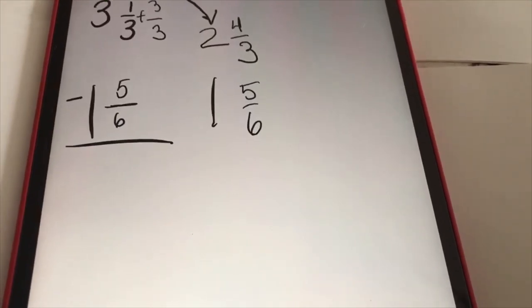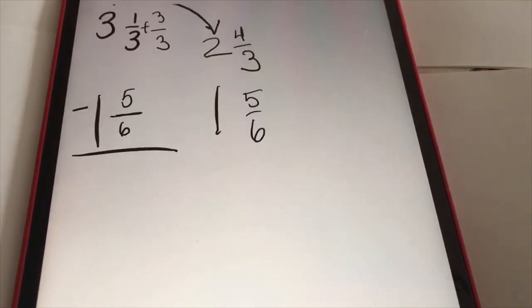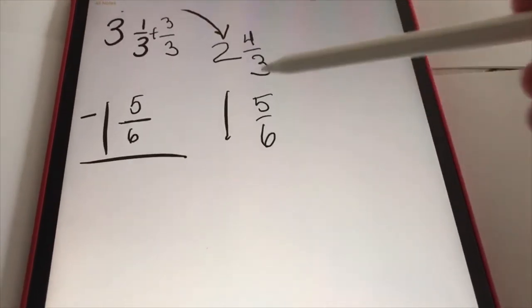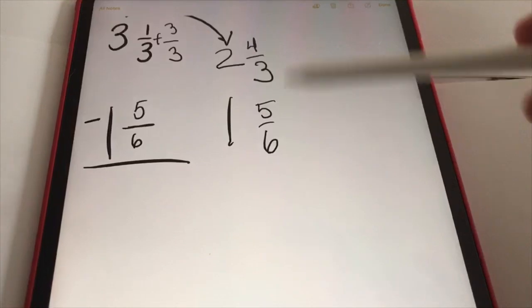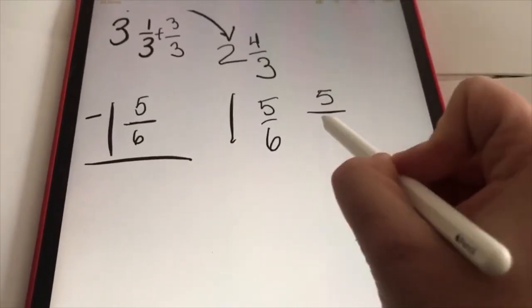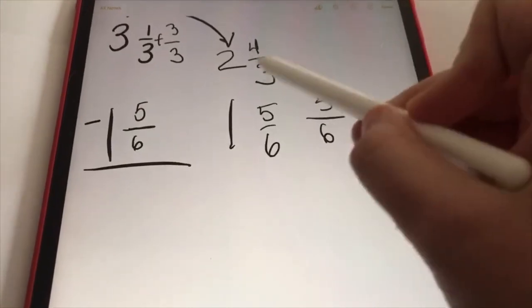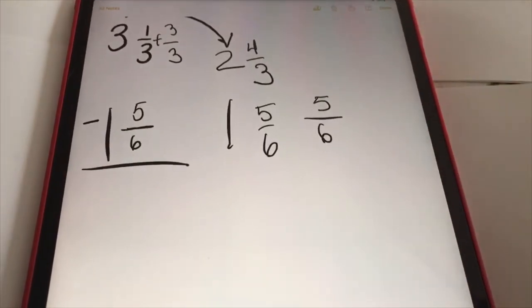So I'm going to stress, again, to think about, is one a multiple of the other? So with 3 and 6 here, I know that 6 is a multiple of 3. So I'm not even going to change 5/6. Okay, because I know that if I skip count by 3, I'm going to hit 6.